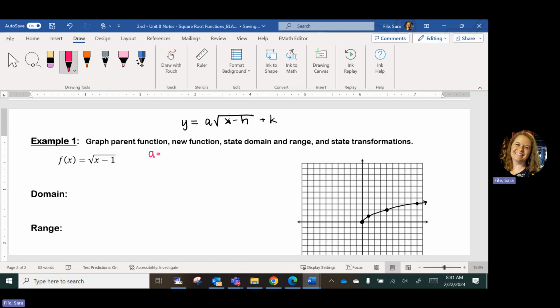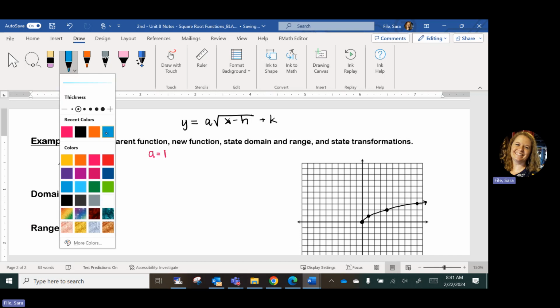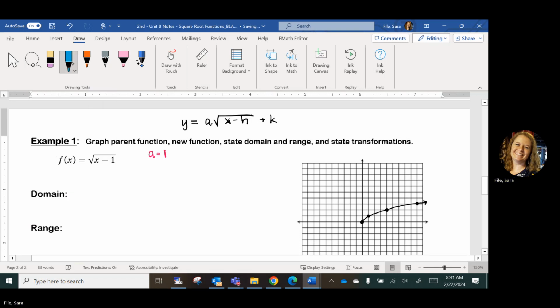Is there anything in front of that square root being multiplied? No, so it's an understood 1 coefficient. Okay. What about H? Is there something inside with the X?